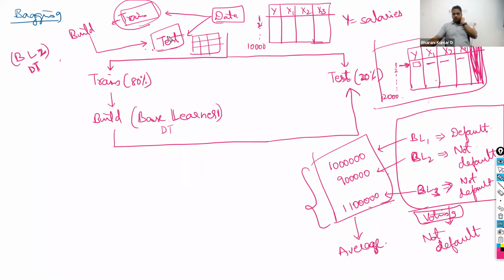Training will change. When I split the data into training and test, are you saying each time I sample randomly and get data, will we get the same data always in training? Randomly I'm sampling.